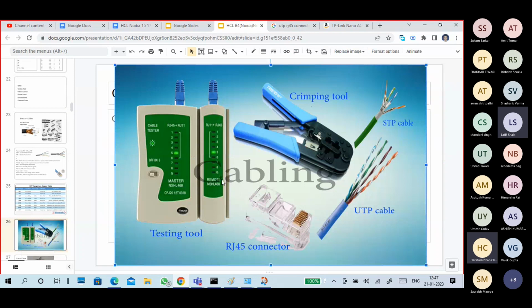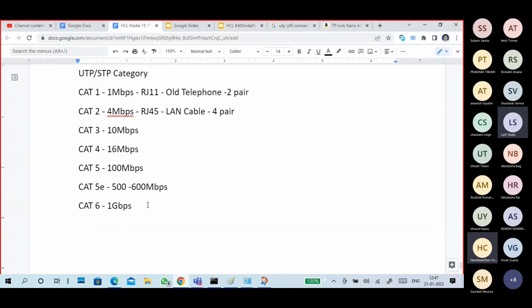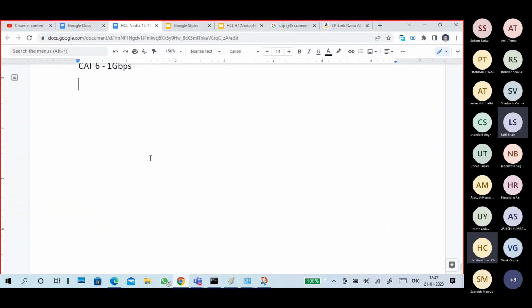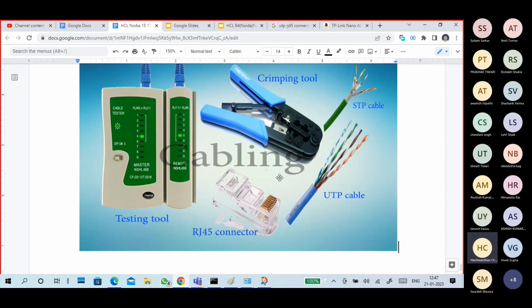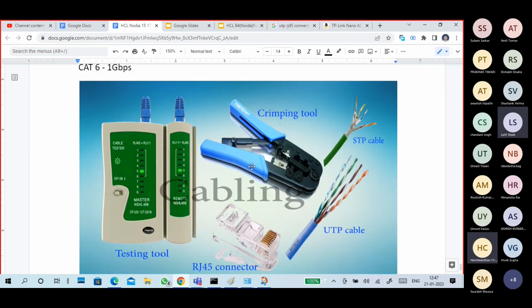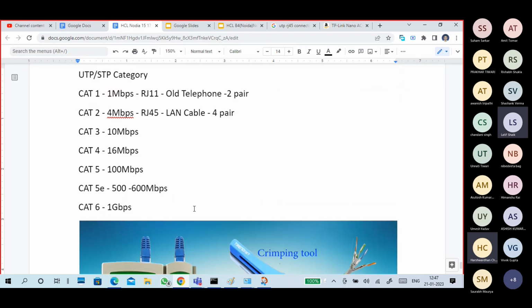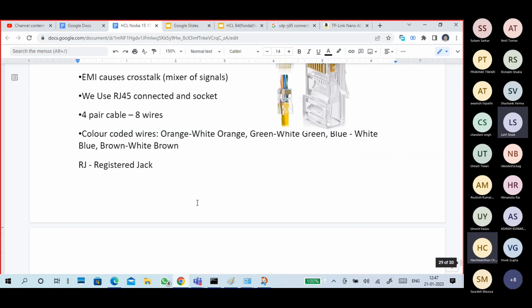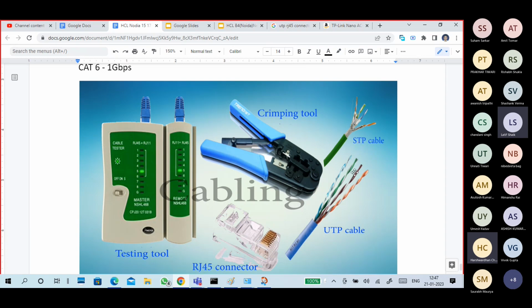Next, these are the different tools used in a network. So this is a testing tool. We have a cable, and a cable has two ends, right?